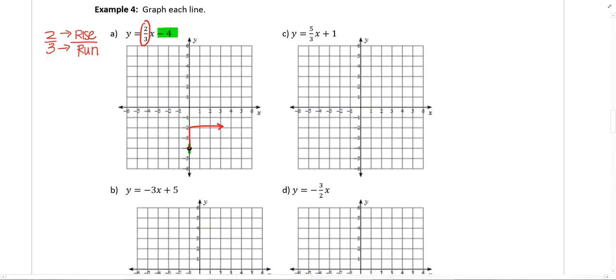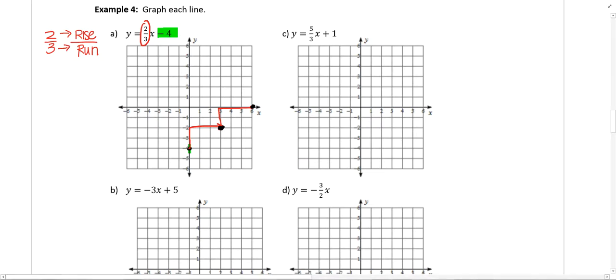And then I'm going to put a point right where I landed. And then I could do that again. I can go up 2, right 3 again, and I can get another point. You don't have to do it for every point, but just to get a couple to get the idea. I could also go, as I mentioned, left and down.